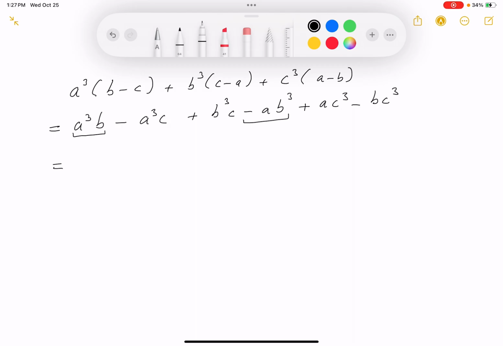Let me look at those two and factor an AB out from it. And I think I'm getting what I want. So you would get A squared minus B squared. Let me just take a look, by the way. You get A cubed B minus AB cubed. That's pretty good. All right?